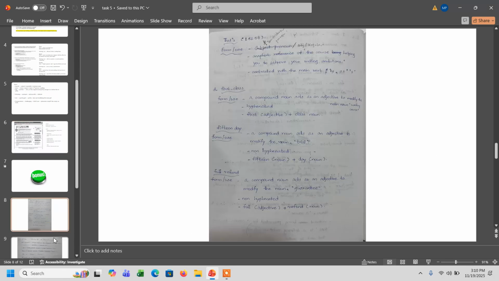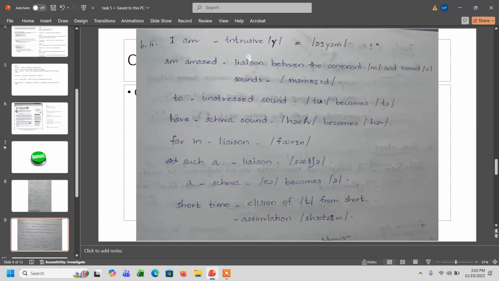That's why here I wrote down the script, like intrusive R. I am amazed. To becomes a schwa sound. Foreign liaison. Okay, like this. For short time, this is elision.